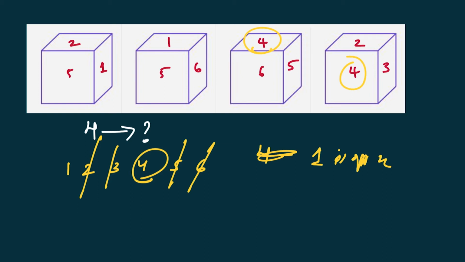From the first 2 figures also, we can conclude that 1 is opposite to 4. I'll tell you how. You can see 5 is present here, and 2 is also present here, and 6 is also the same. We cannot find 1 in the presence of 4. That's why 1 is opposite to 4.